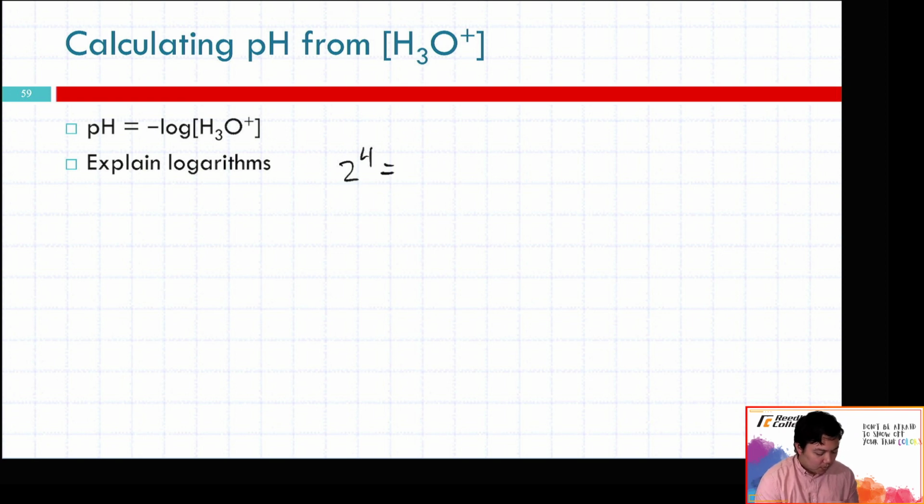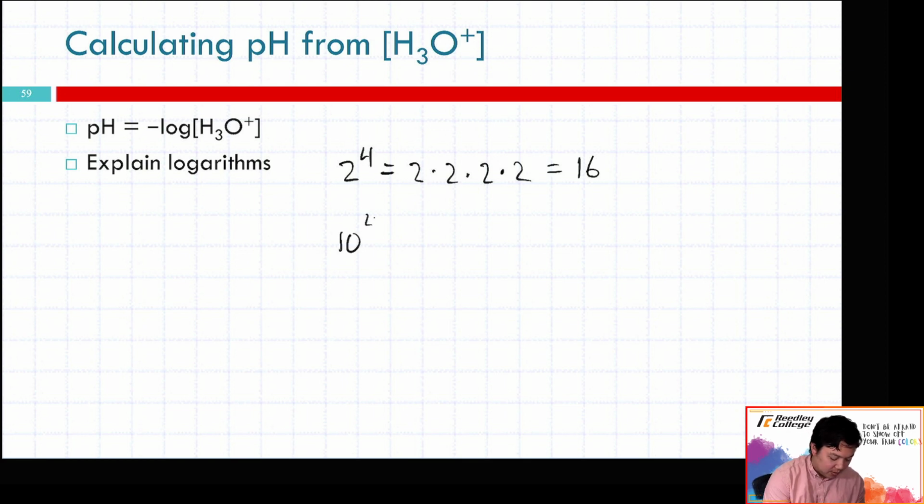So 2 to the 4th power. What does that mean? That means that we have 2 times 2 times 2 times 2, which is equal to 16. So when we raise something to a power, we're multiplying by itself multiple times, right? So if you have 10 to the 4, that equals 10 times 10 times 10 times 10, which equals 10,000.